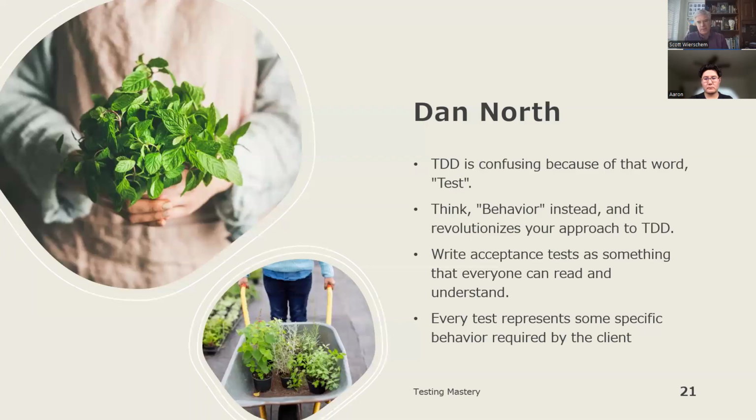We created a list of specifications and requirements, and for each requirement, we wrote a test. In a sense, that's behavior driven development: TDD using a BDD kind of approach. Every test would represent some specific requirement by the client.